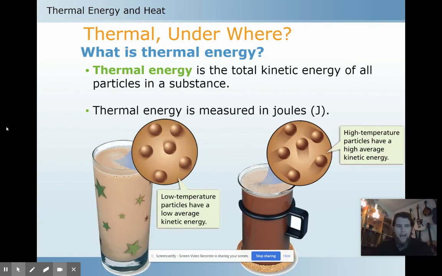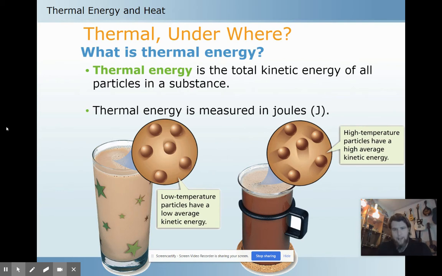If we just look at these two examples here, chocolate milk and then hot chocolate, obviously we're going to have a difference in temperature there. When substances are at a lower temperature, there's not much motion or kinetic energy between the particles or the atoms that make up the substance.